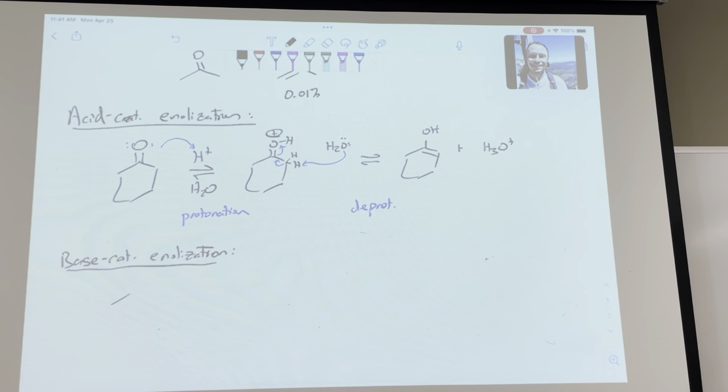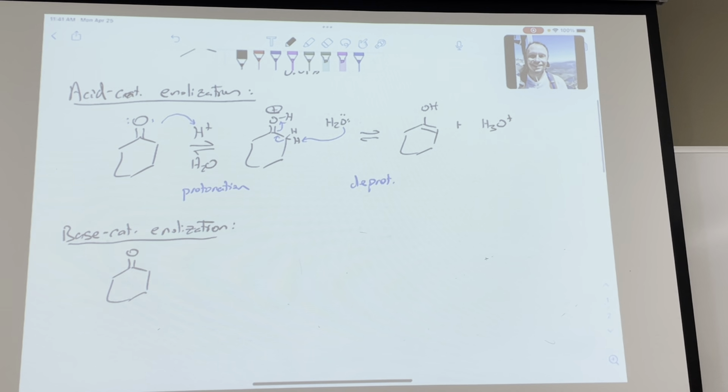we're going to take the ketone, add hydroxide, and instead of doing a protonation, deprotonation, we're going to flip that and we're going to do deprotonation followed by protonation. Right?